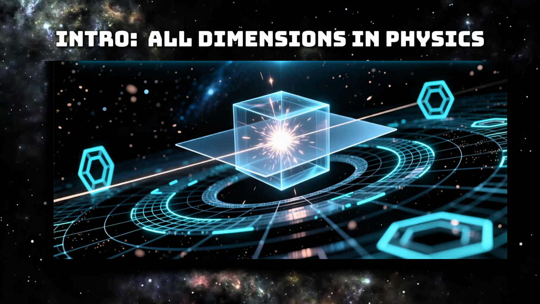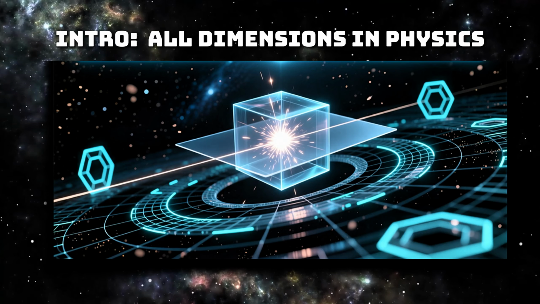For example, an X position and a Y position. This is two-dimensional space, or 2D, a flat world where creatures can move in two independent directions. This is the same dimensional world used for maps, drawings, floor plans, and screens.